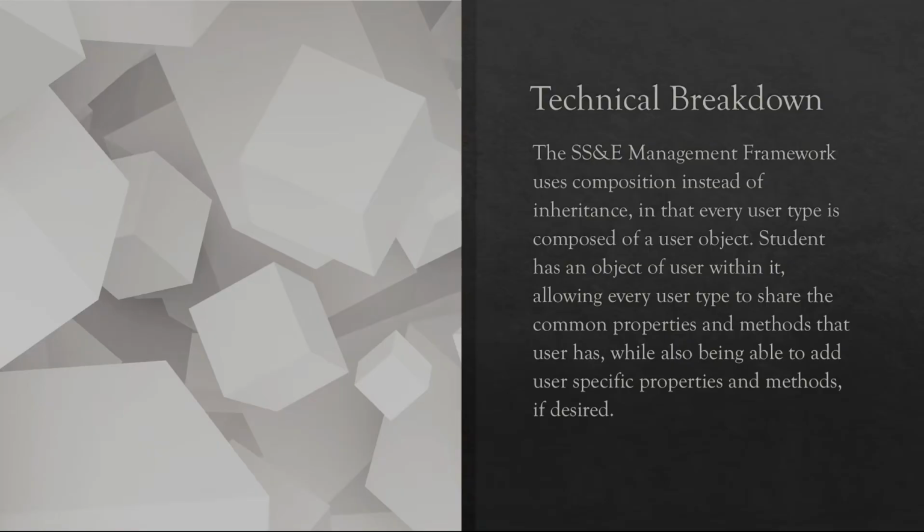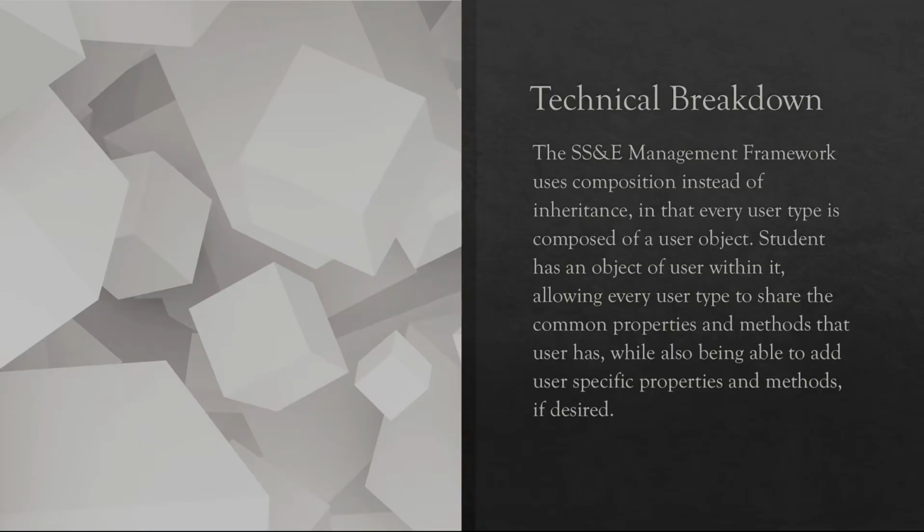This makes it so that if you wanted to change or add a property in user, let's say the current properties of user are username, password, email, and you wanted to add first name, last name. In an inheritance-based system, because I have three different user types, student, instructor, and employee, I would have to go into employee, instructor, and student and add those properties.